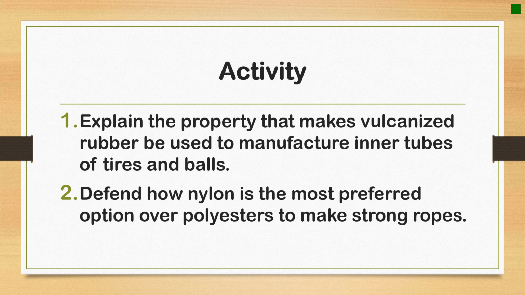The activity here that you have to think about is just to explain the properties that make vulcanized rubber be used to manufacture inner tubes of tires and balls. What properties does rubber have that make it be used for this purpose? Number two, you are going to defend how nylon is the most preferred option over polyesters while making strong ropes.